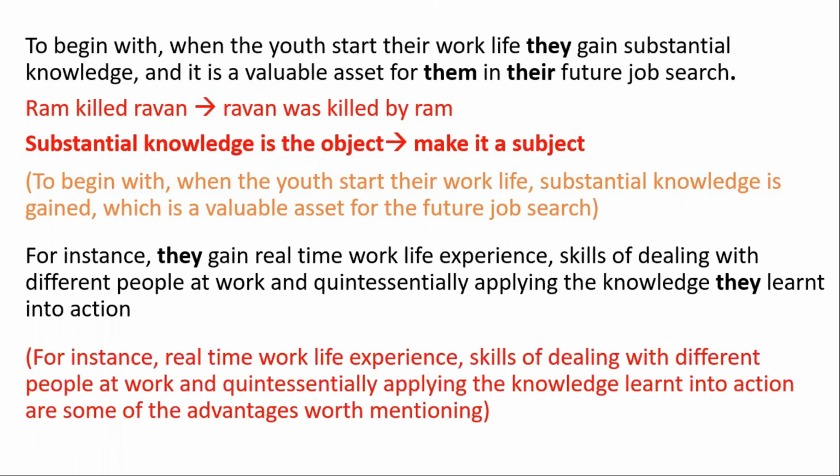For instance, you start with the skills gained instead of saying who gained the skill. Hope you're getting it. So it becomes: "Real-time work-life experience, skills of dealing with different people, and quintessentially applying the knowledge learned into action are some of the advantages worth mentioning." "They" is not required. It is them only. Who else are you talking about, isn't it?